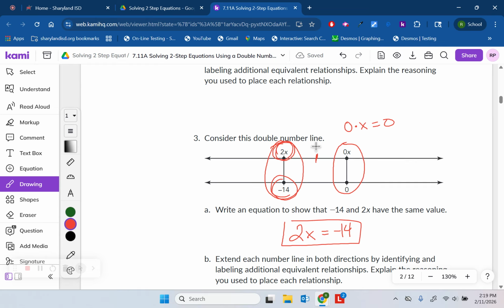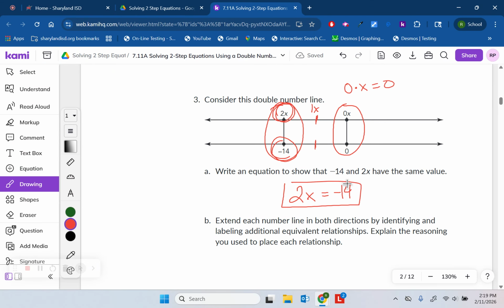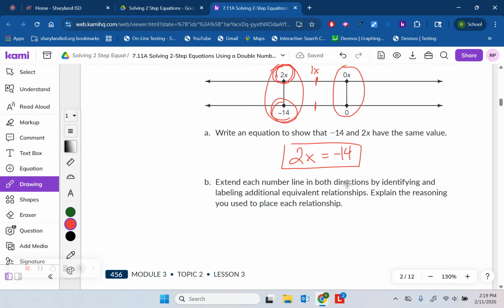I'm sorry, this is 2x, and this is x. You've got 1x, 2x. From here to here he's cut it in half, so it is halfway between -14 and 0. Hopefully you can tell me it's -7, right? You can play around with that. I'm not going to put the answers on these because I want to work them out later on.